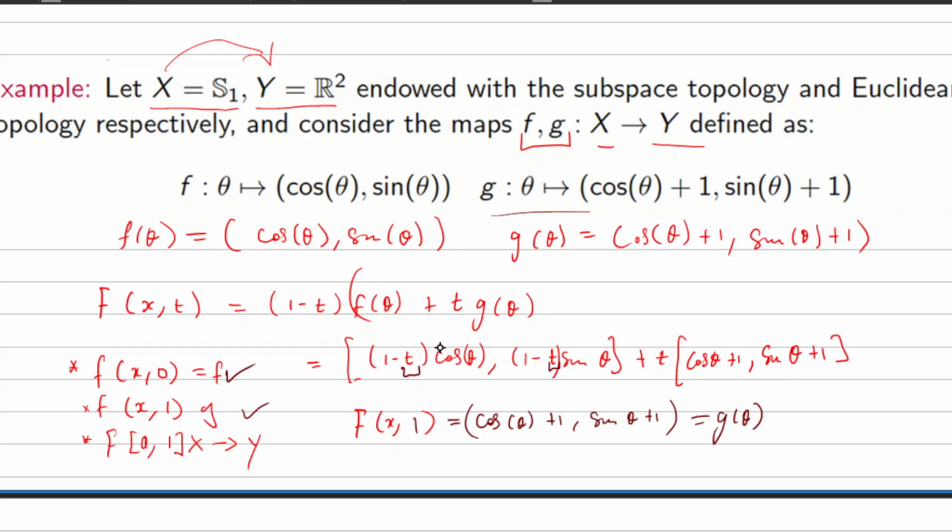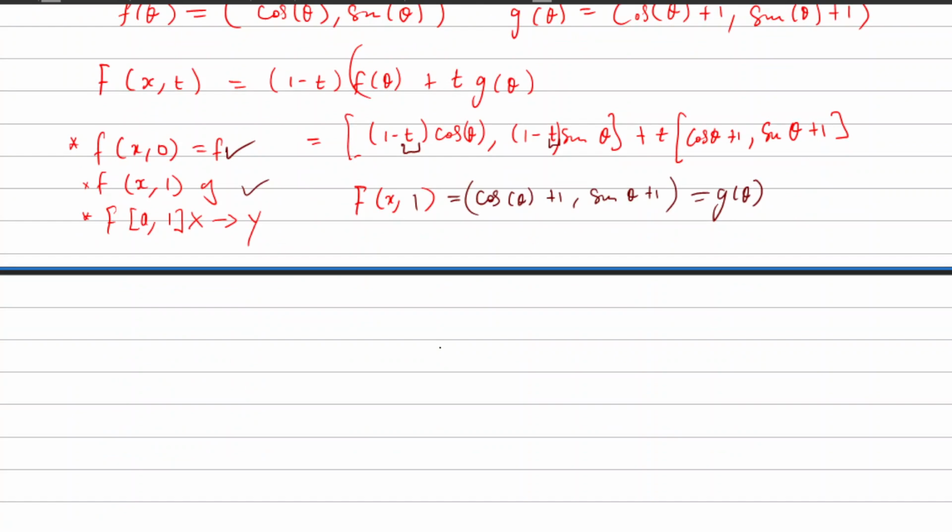Now the part that we have to show is the continuity of the function f. Basically f is such that you have x comma t. You can use the epsilon delta definition to do continuity, but I'm just going to give a brief talk about it. We know that sine theta is continuous throughout the plane.